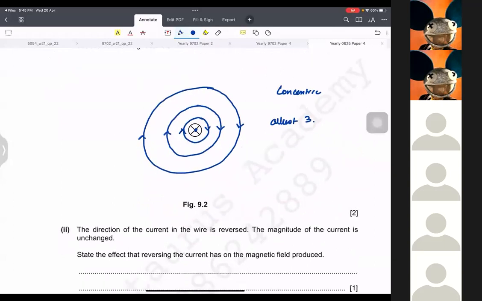Then the direction of current in the wire is reversed. The magnitude of current is unchanged. State the fact.